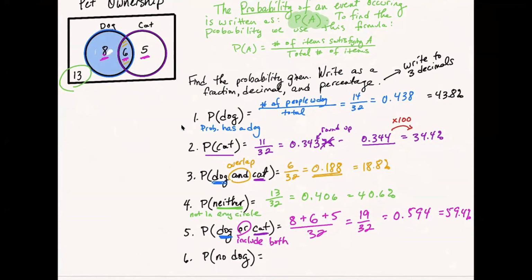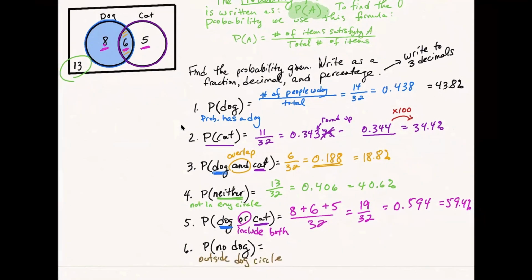Let's find the probability of not owning a dog. In this blue circle are all the people who own a dog. If we want to find the probability of the people who don't own a dog, we're looking at people who are outside of the dog circle. So we're looking at all of these folks here, everyone who's outside that dog circle. Do you see, it's everything but the dog people. So we have 13 plus 5 out of that 32, and we have 14 out of those 32 who are dog people, and 14 plus 18 is 32.